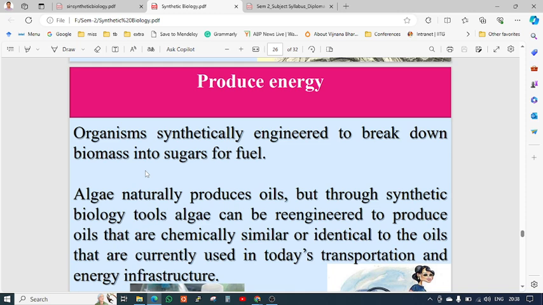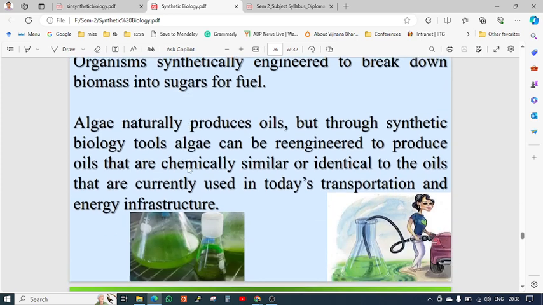These microorganisms, which are either aerobic or anaerobic, we already discussed. The efficiency of naturally occurring microorganisms in degradation may not be sufficient. So we may design new synthetic microorganisms that can easily degrade this biomass into ethanol or biofuel.